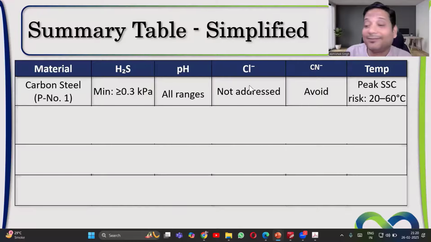You'll not like to have cyanide. Cyanide anyway is a no-no for carbon steel users. Temperature, mainly 20 to 60 degrees Celsius. You can go up to higher temperatures also, depending upon the partial pressure of H2S. So for carbon steel, the limiting factor here is cyanide.